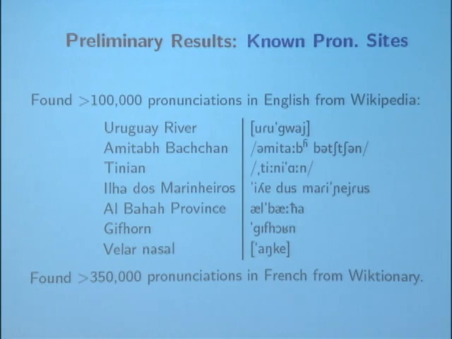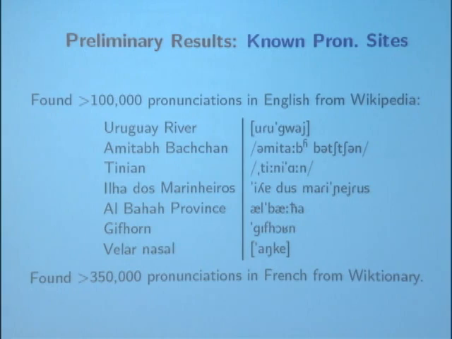Here's some examples, and here's the pronunciation of the word Uruguay. Now notice this isn't entirely trivial, because the phrase here was Uruguay River, but the thing that was extracted was just Uruguay, the first word. The other thing to notice is that depending upon the particular article this is extracted from, the person may give a pronunciation which is not necessarily the pronunciation that an English speaker would typically use for this name.